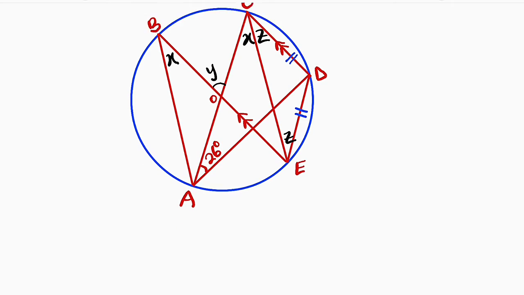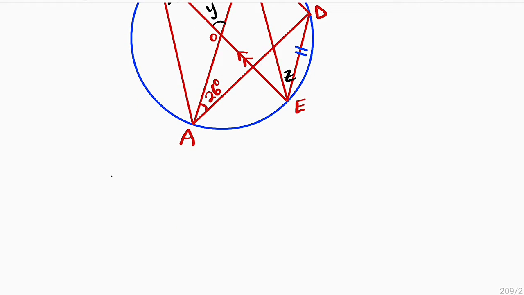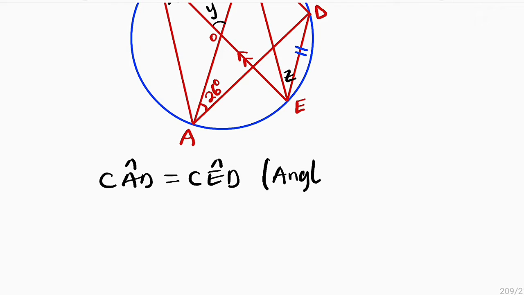All right, so we can say that this angle must be equal to the measure of CED. Reason: angles from the same chord.